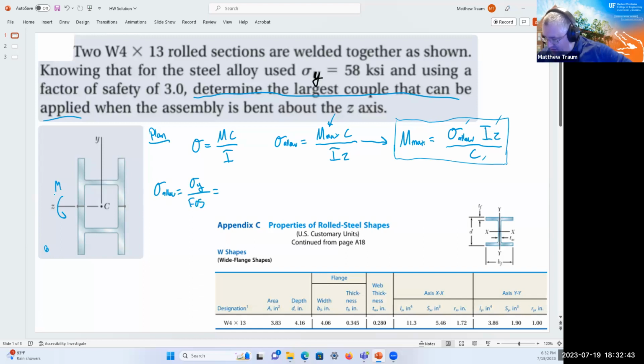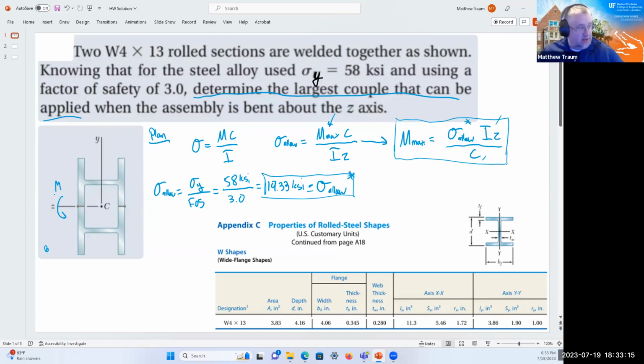My yield stress is 58 KSI for steel, and my factor of safety is 3.0. Doing the math, I end up with 19.33 KSI as my maximum allowable stress. So that is that. We've got one sorted out.